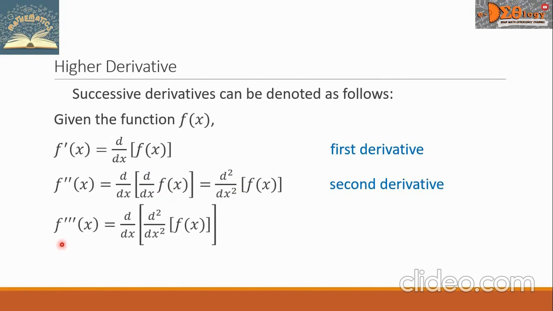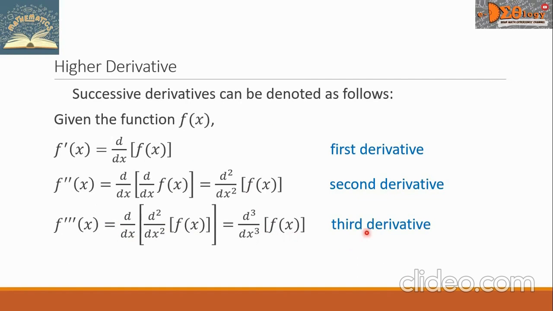We have now f triple prime of x, and this is equal to the derivative of the second derivative. So we see here we have d over dx of d square over dx square of f of x. We simplify this into d cubed all over dx cubed of f of x.